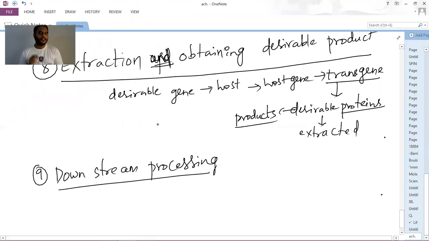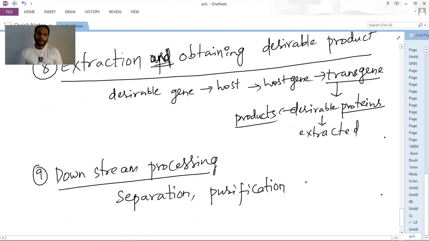Now, downstream processing is nothing but the separation and purification of the biotechnological product.